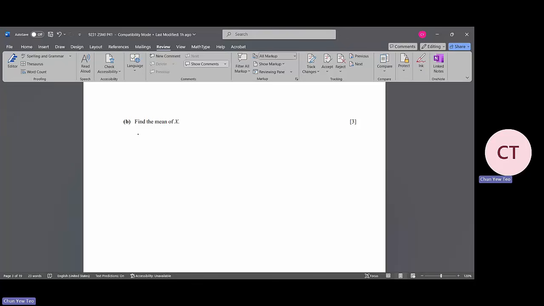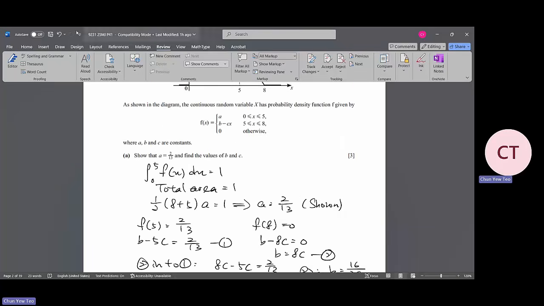To find the mean of X, you need to integrate x f(x) from 0 to 8. Oops, 0 to 8, not 0 to 5. My apologies.